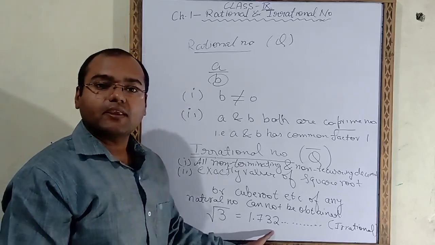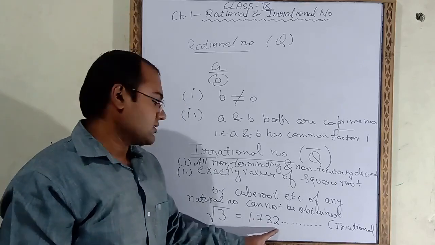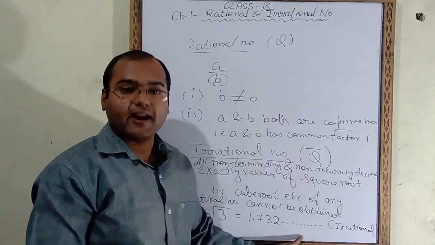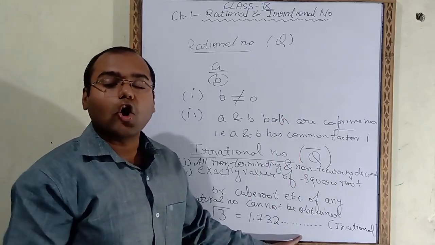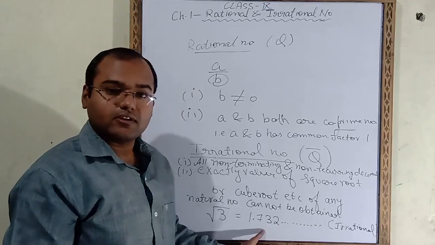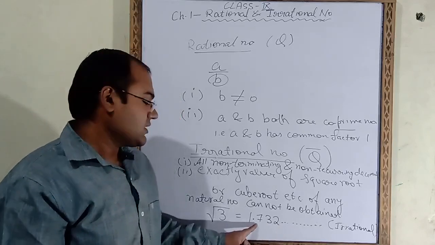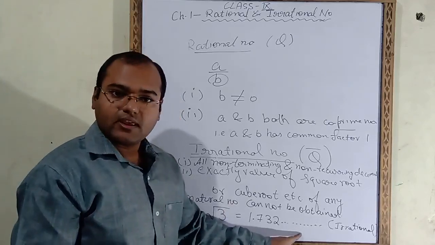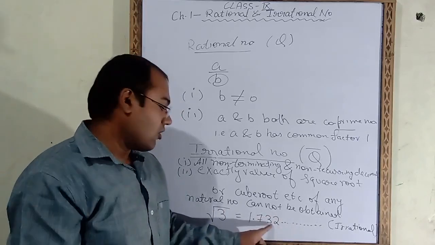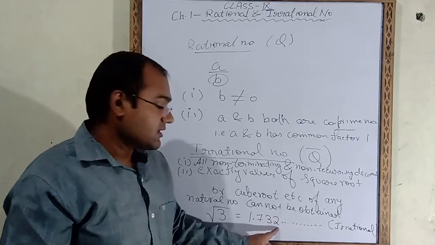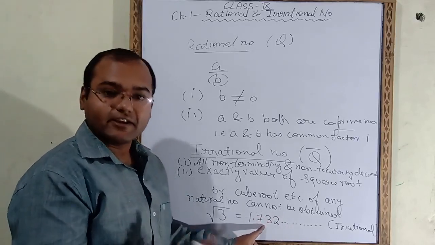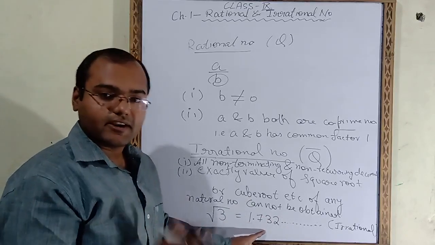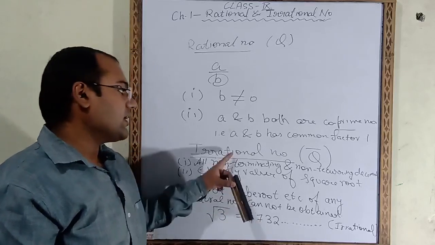This answer is not finished, it goes on further. That's why this is called a non-terminating decimal. There is a point, that's why it is a decimal number, and it is not finishing, that's why it is non-terminating. The answer is also not repeating, all the digits are different, that's why it is called non-recurring. That means all non-terminating and non-recurring decimals are called irrational numbers.